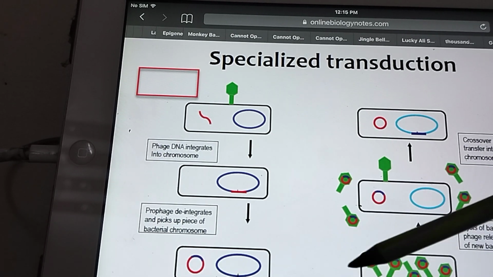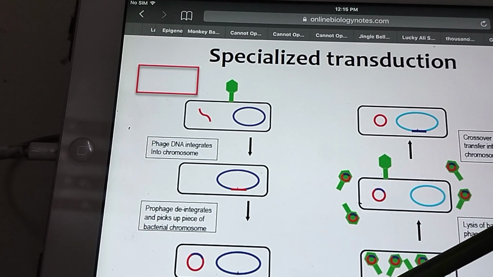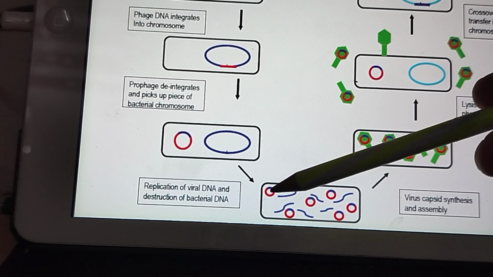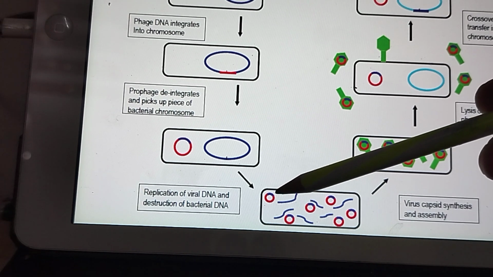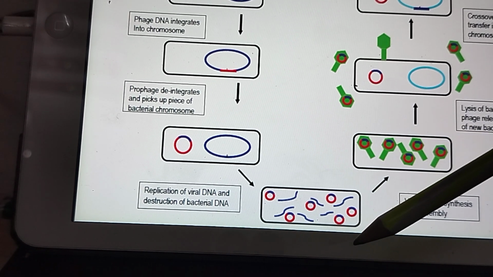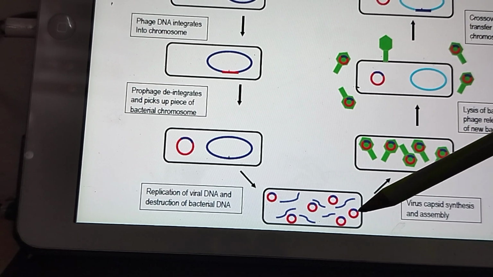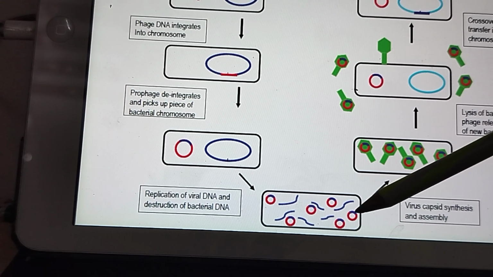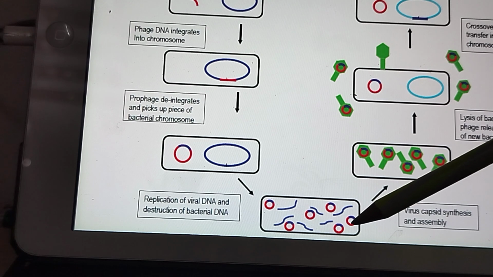Now the virus uses its machinery along with that of the bacterial machinery and releases its extrachromosomal DNA, where you can see the red part is the viral genome and the blue part is the restricted part of the bacterial genome.